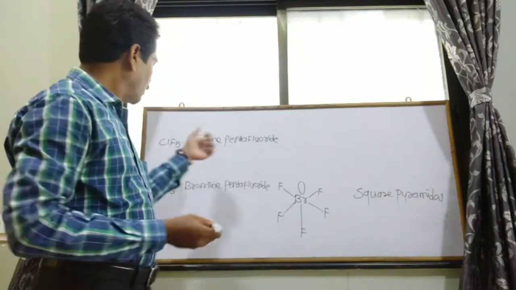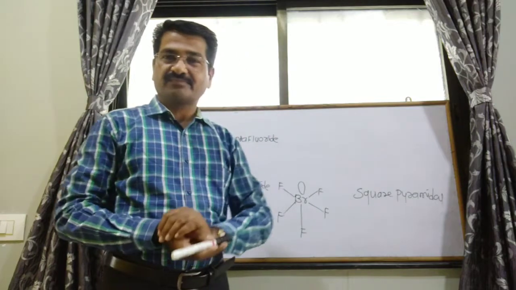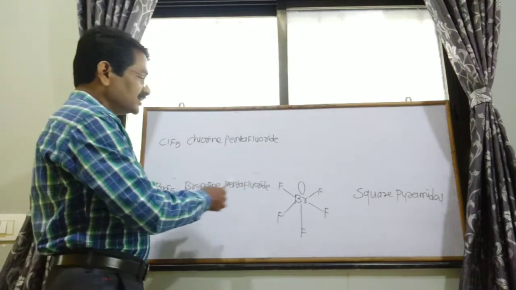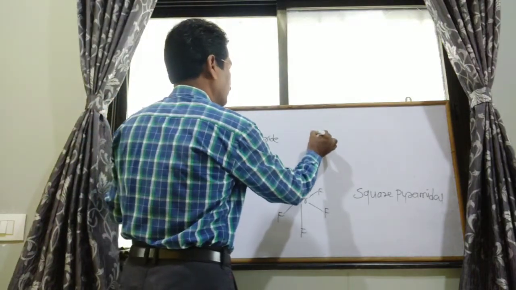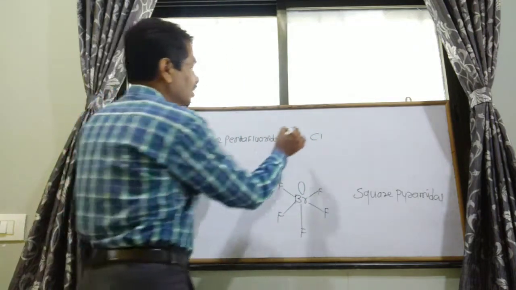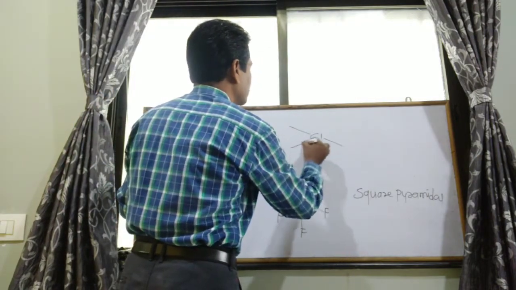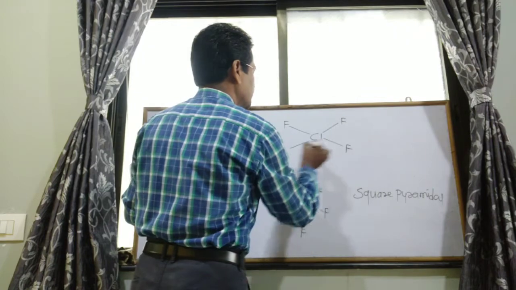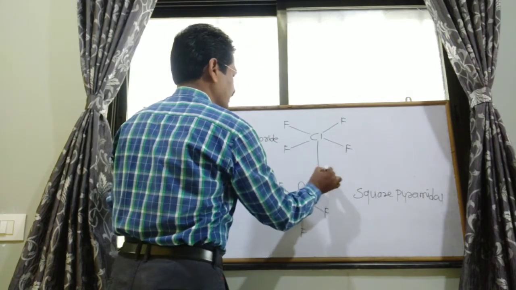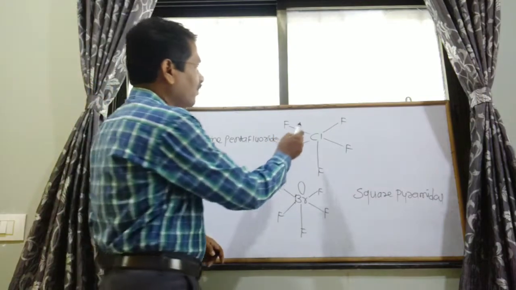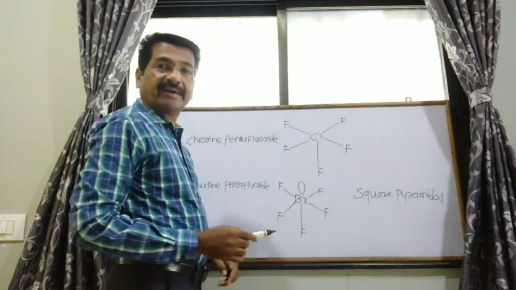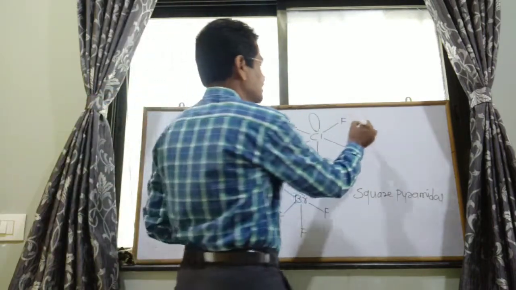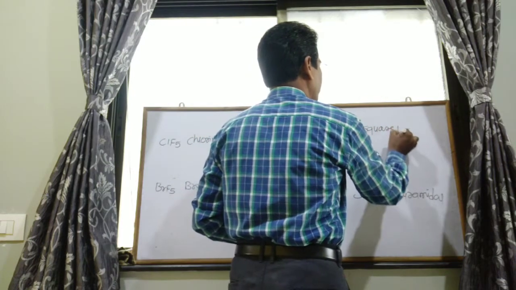This compound contains only 1 chlorine and 5 fluorines. So the name of that compound is chlorine pentafluoride, in which the central atom chlorine is linked with 5 fluorine atoms to form a square pyramidal structure, which also possesses one lone pair of electrons, and the shape is square pyramidal.